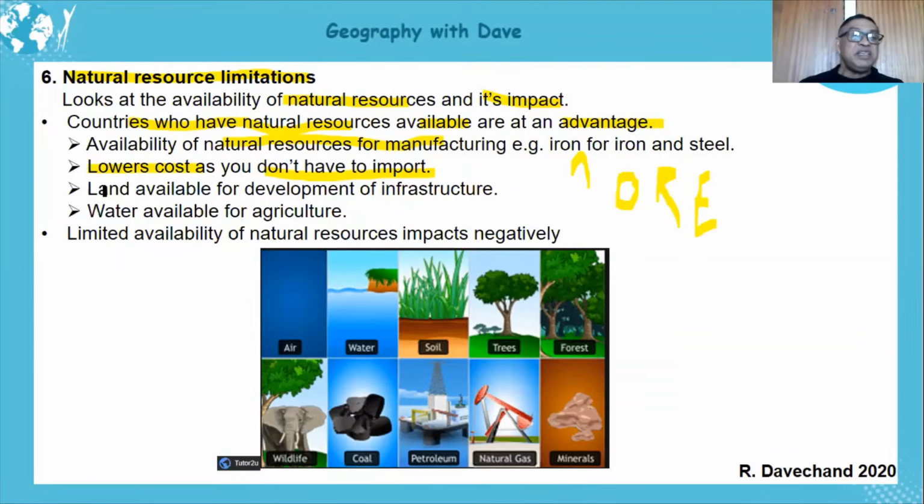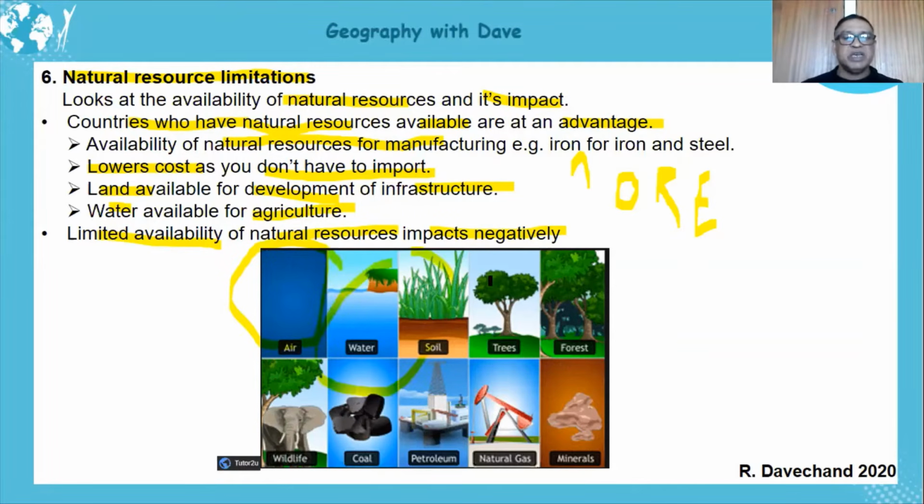All right, and that's not only these raw materials here. What about land available for development of infrastructure, farming, if it's fertile land, water available for agriculture? Of course, limited availability of natural resources impacts negatively. It impacts negatively, guys. All right, so we look at some of the things here.